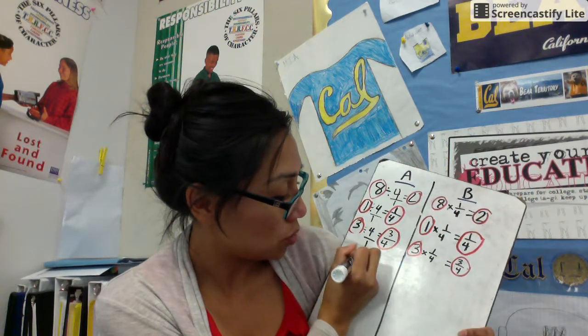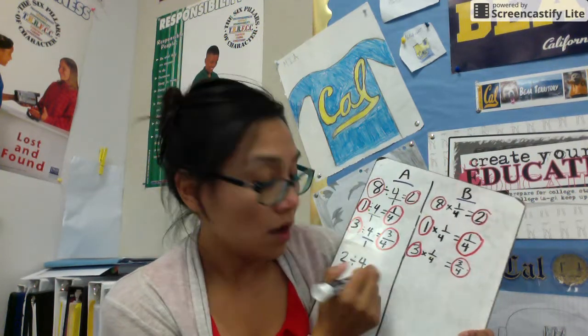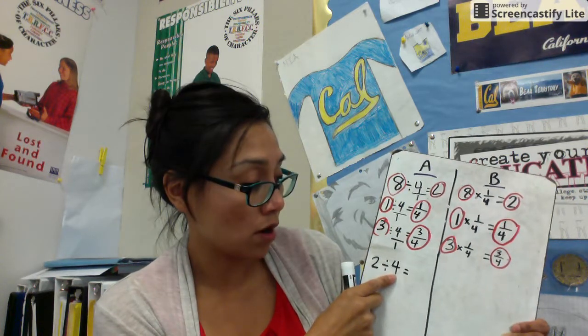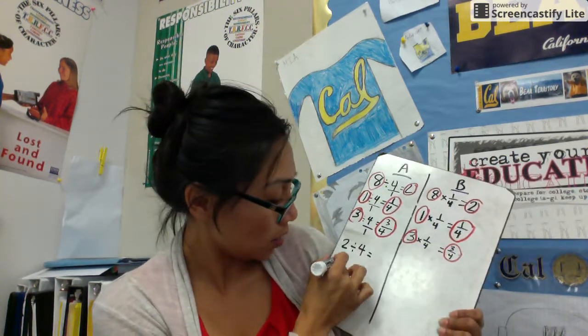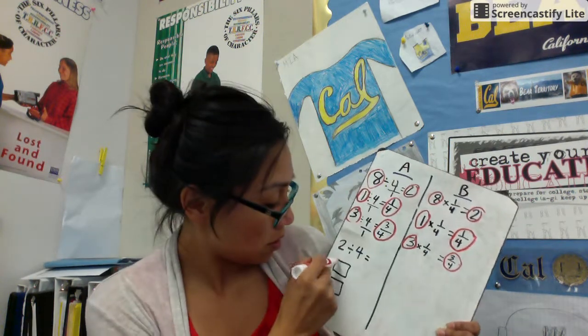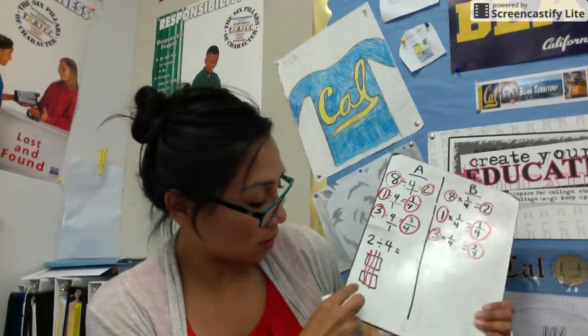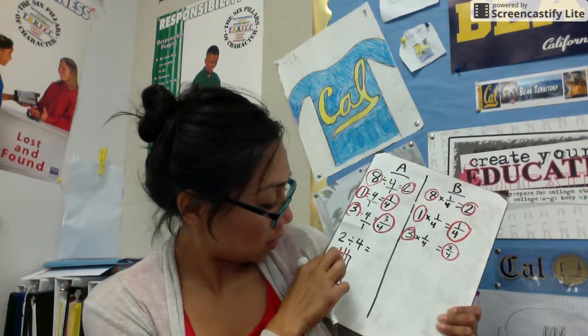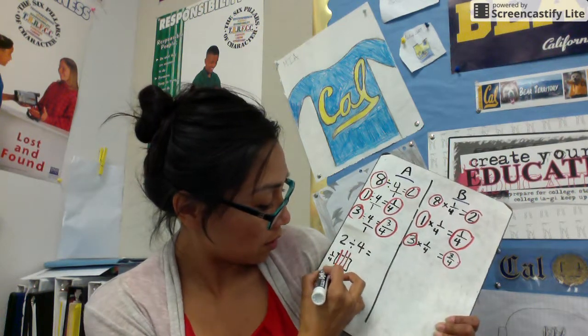So what if we have something like 2 divided by 4? Well, I know that's going to be a fraction because I only have 2 wholes and I have to divide it into 4 different groups, okay? So if I have 2 of something and I divide these 2 into 4, 1, 2, 3, so now each one of these has a 4th in it. So this is 1/4 and this is 1/4.